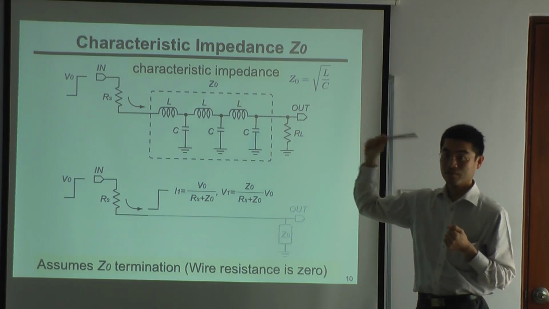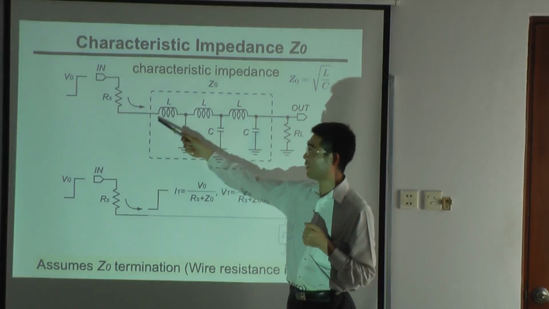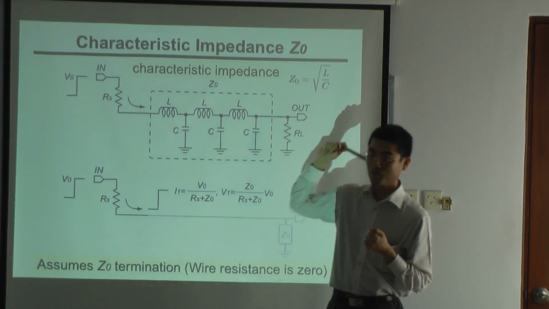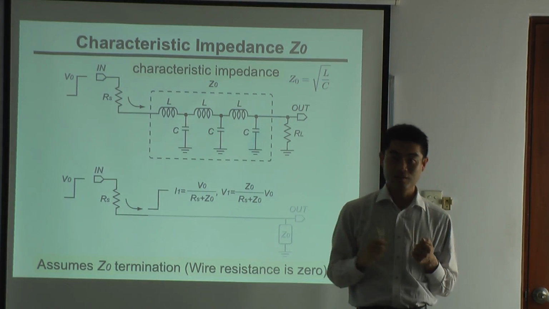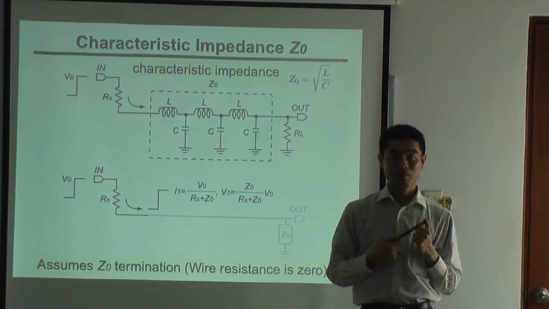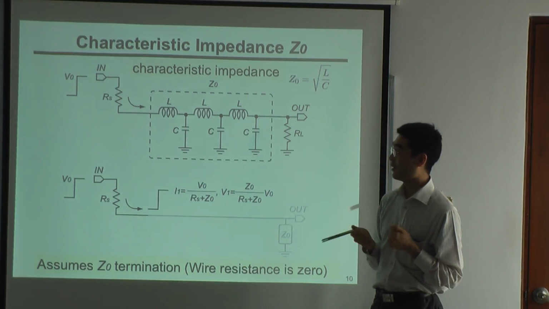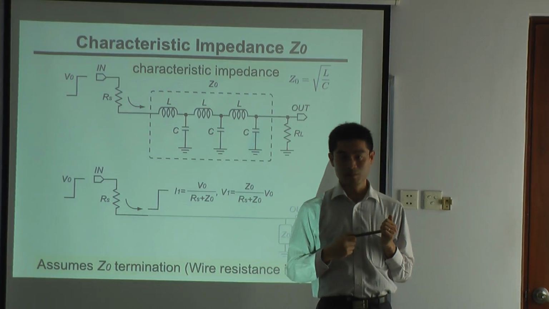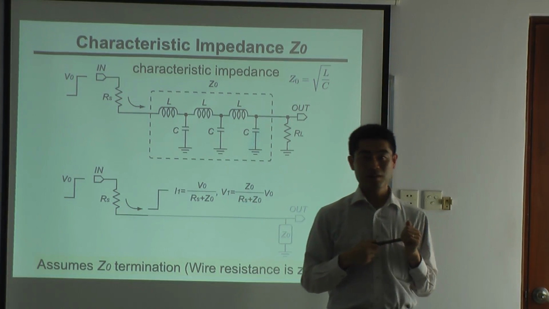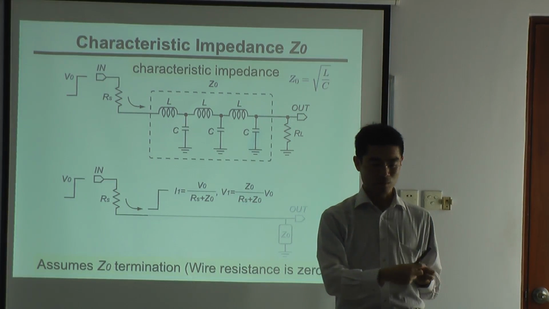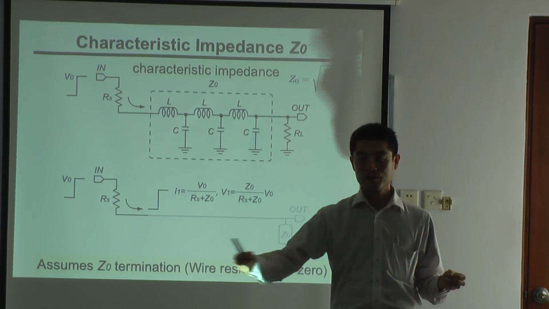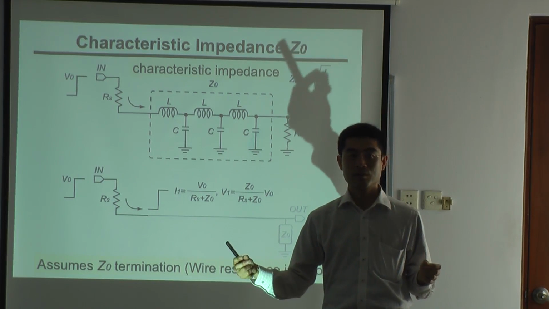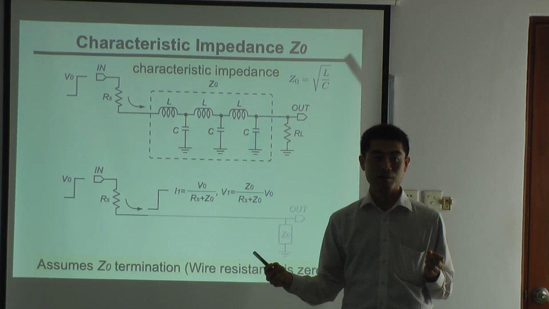If there is R or conductance, Z0 becomes a complex number and has frequency dependence. But when we ignore the resistance and conductance, Z0 is frequency independent. Also, for example, for an RF cable, we can ignore the conductance. So RF cables are frequency independent and it is always fixed.